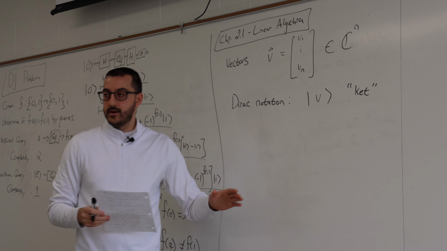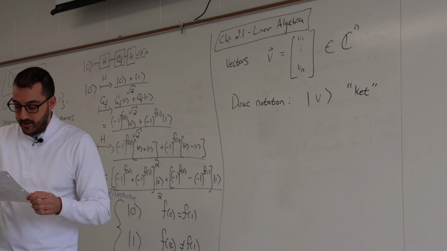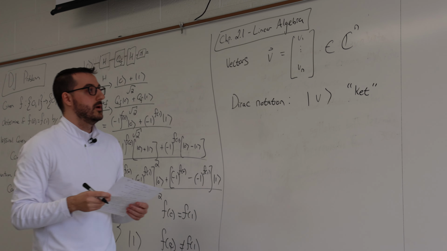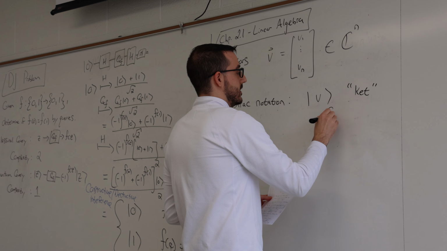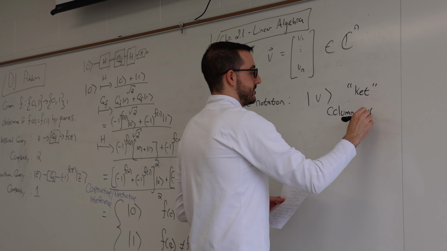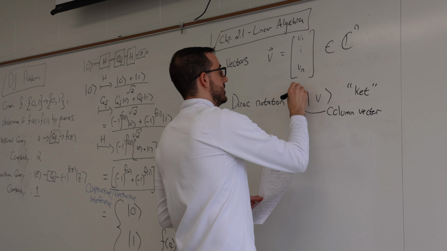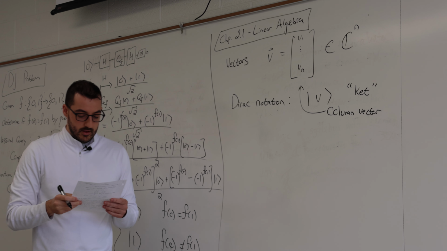This is the term I was using when I was saying ket 0 and ket 1. Why ket? Well, a ket is for a column vector. We are going to distinguish between column vectors and row vectors, and kets will always indicate a column vector.